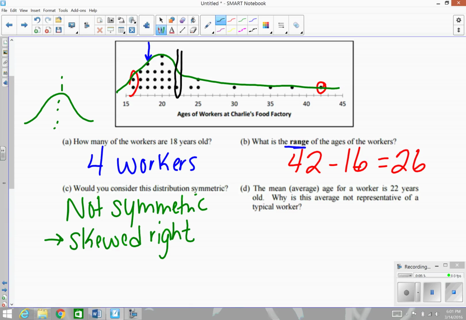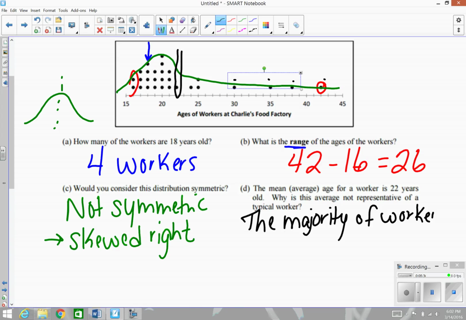Okay, so if you look, 22 is right here. Most of the data is below that value, and the reason is because of all of these outliers. So the majority of workers are younger than 22.